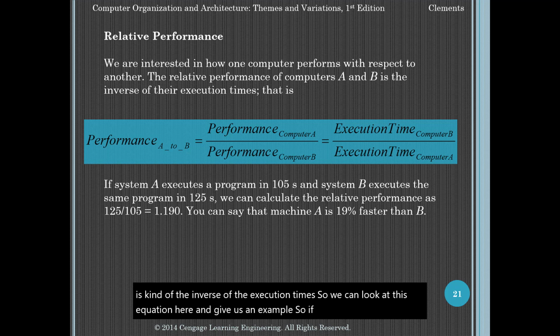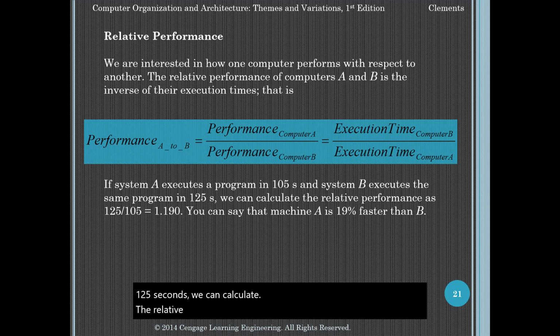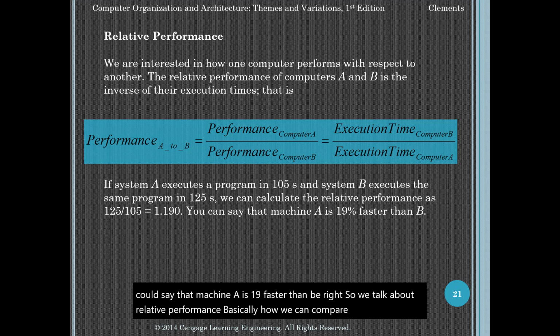If system A executes a program in 105 seconds and system B executes the same program in 125 seconds, we can calculate the relative performance as 125 over 105, which is 1.190. And so we could say that machine A is 19% faster than B, right? So that's how we can compare two computers and judge performance versus execution time.